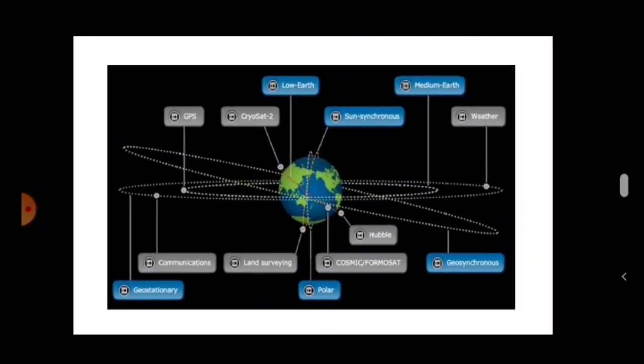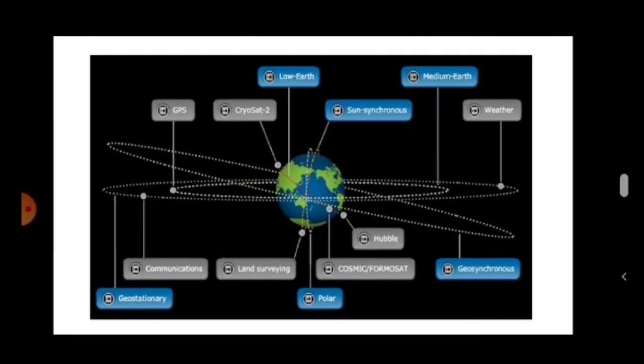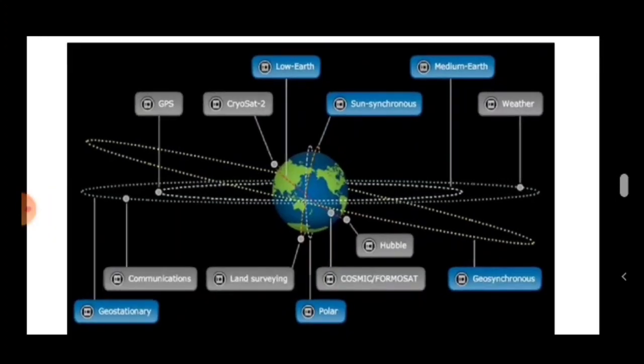So geostationary satellites are used in communication and weather purposes, and geosynchronized satellites are used in navigation purposes.